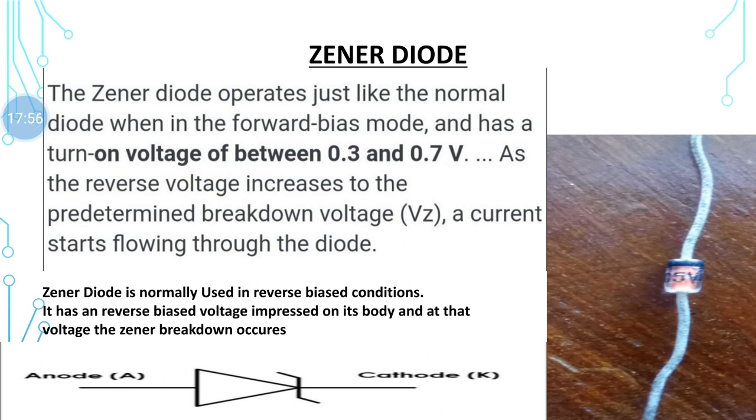This indicates the voltage at which the Zener breakdown occurs, and it is the voltage at which the Zener diode is mostly used. Hence, these diodes are used in reverse bias conditions. That is, even if the current increases, the voltage remains constant after the Zener breakdown. That is the voltage imprinted on the body of the diode.